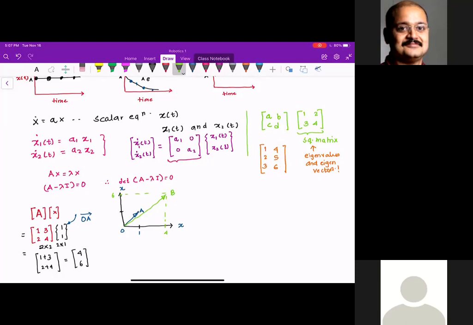This is a very important statement: when you multiply a square matrix by a vector, the vector is stretched and rotated.